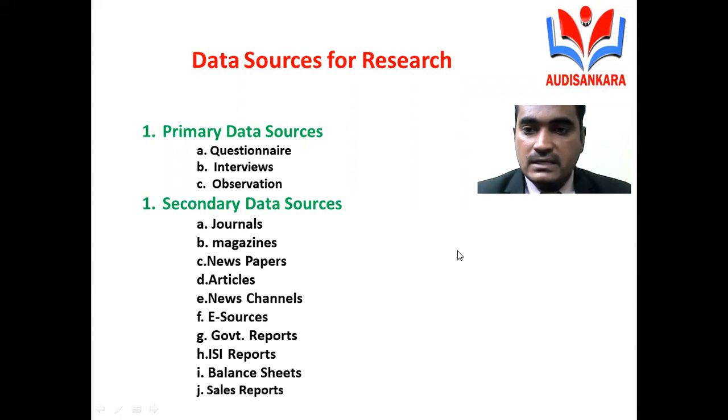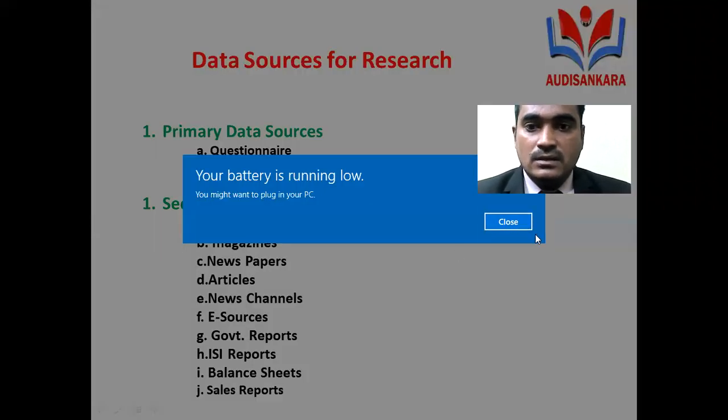So the primary data sources include the survey methods. What are the survey methods? The survey methods under primary data sources are the questionnaire, interviews, and observation. The survey methods include three types.